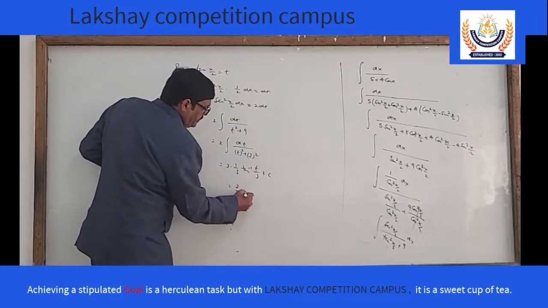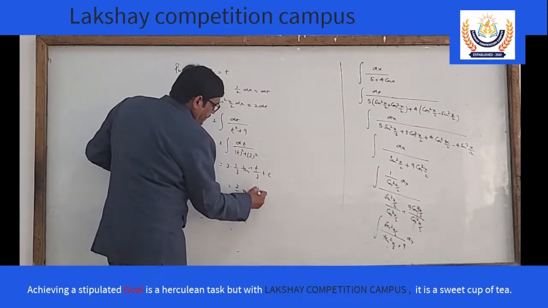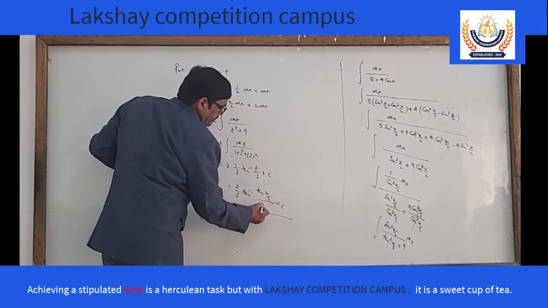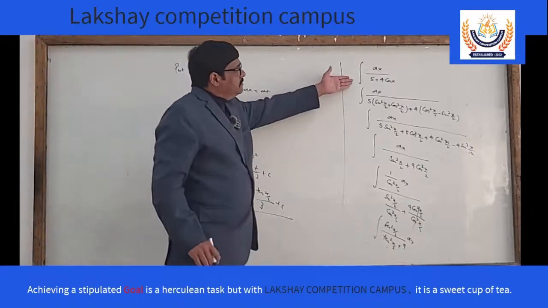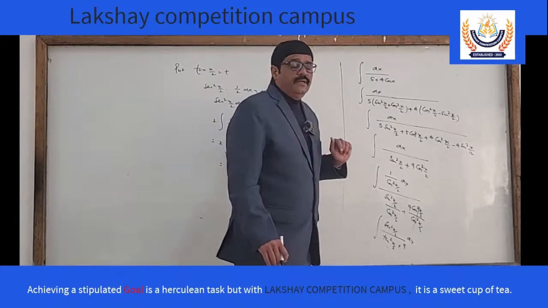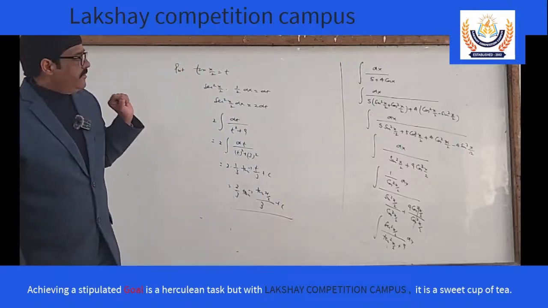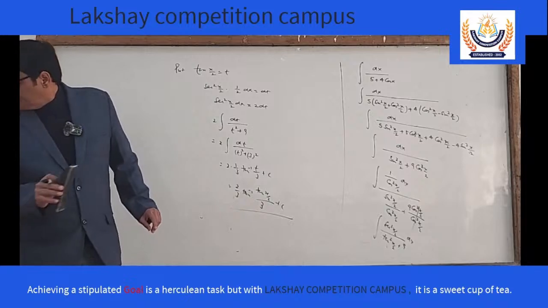So 2 by 3 tan inverse. What is t here? Tan x by 2. Clear? So we find the solution of this problem, 1 upon 5 plus 4 cos x, integrated with respect to x. Clear? Next problem, please.